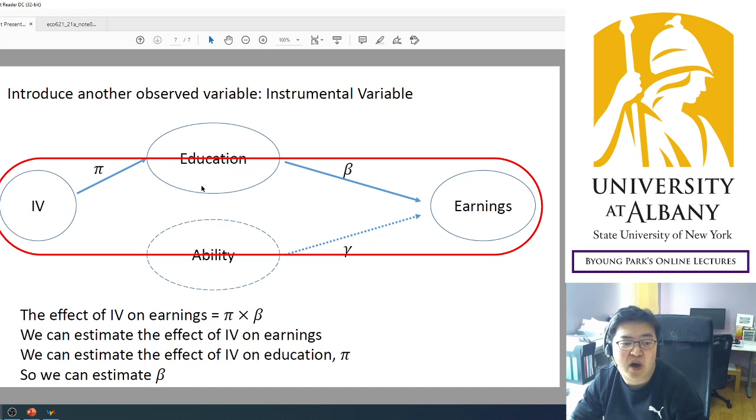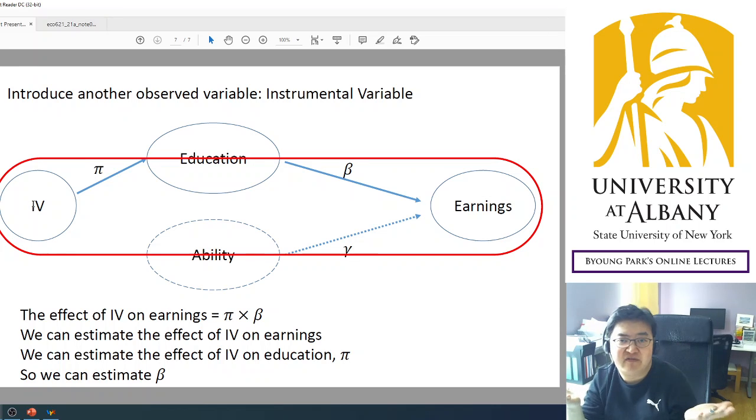And then we can calculate the relationship between the new variable and the earnings. The new variable and the earnings are observed, so you can calculate their relationship. So you can calculate how much earnings increases when the new variable increases by 1 unit.